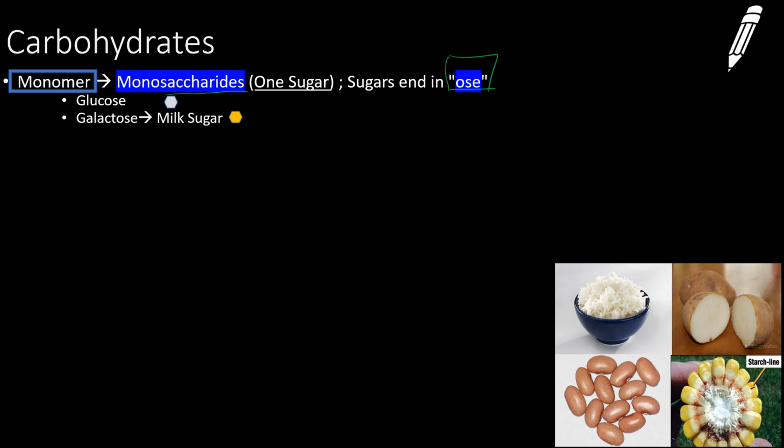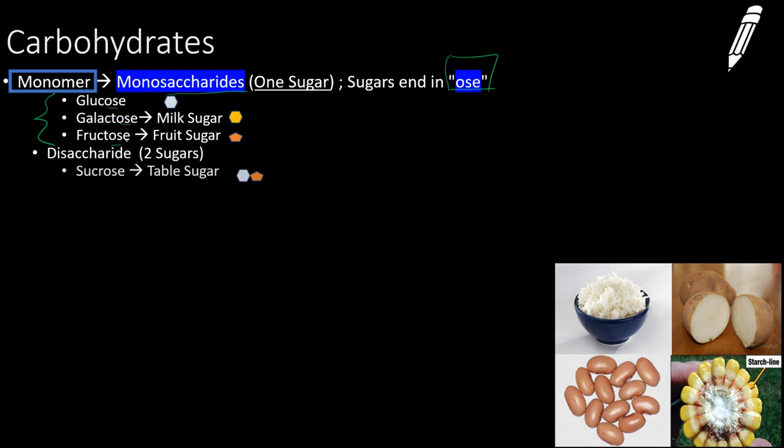Galactose is a milk sugar. We find that in milk products, okay? Fructose is fruit sugar. We find that in fruit, obviously, from the name. And it does have a little bit different structure than galactose and glucose. And now there's another category called disaccharides, okay? So all of these right here, these are examples of monosaccharides, and they all end in -ose.